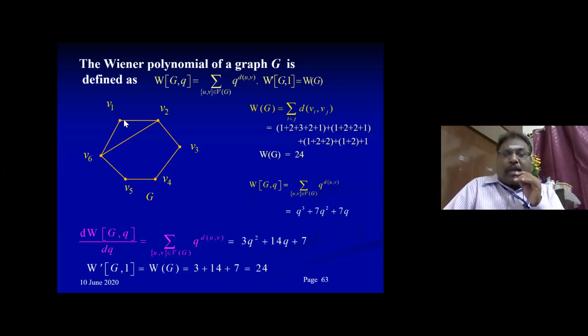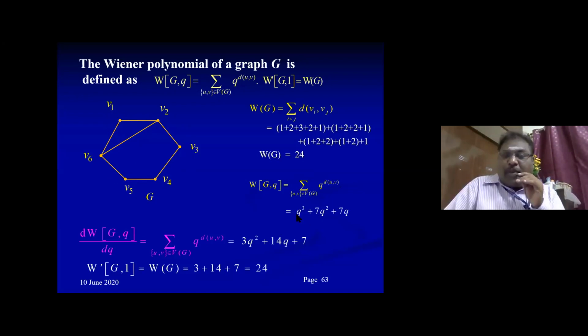V1, V4, yes, both ways: V1, V2, V3, V4, or this way. No other possibility is there. This diagonal, V1, V4, has distance 3. So there is only one possible, so the occurrence is only once. So q power 1 occurs 7 times, 7q. q power 2 occurs 7 times, 7q square. q power 3 occurs only once among all possible pairs of vertices.